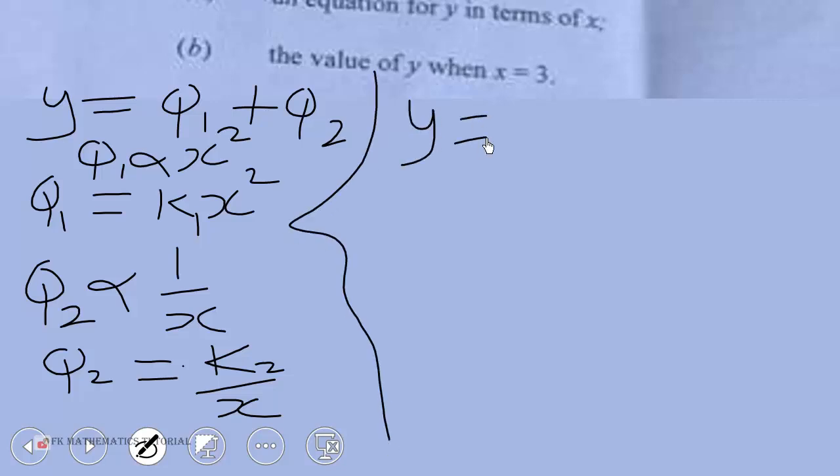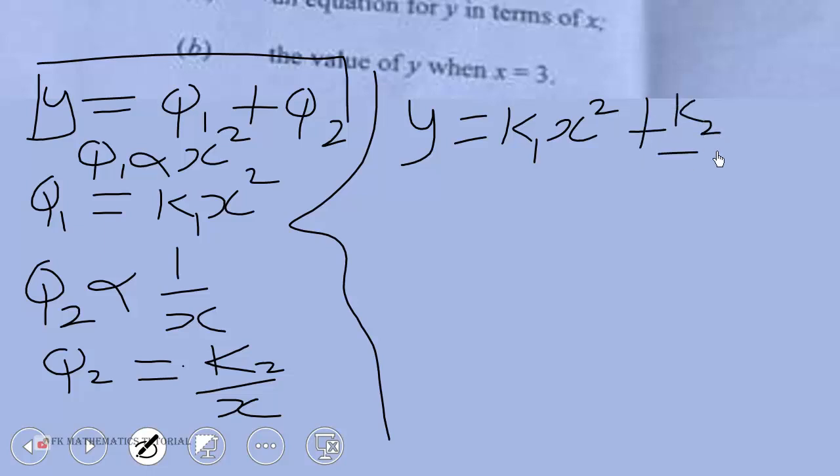Since we have two constants here, we call one k1 and the other k2. So y is equal to, we put q1 and q2 into the first equation, y equals k1 x squared plus k2 over x.